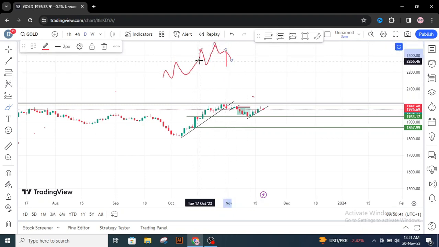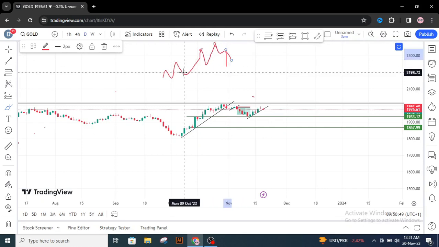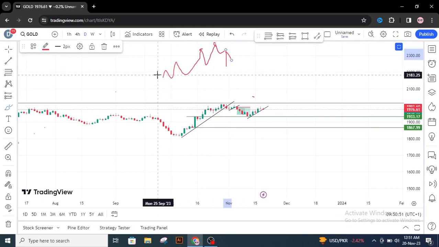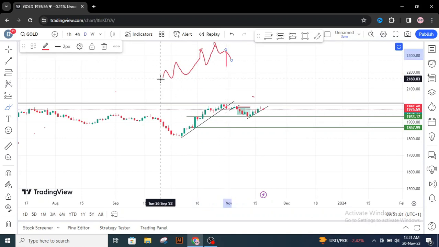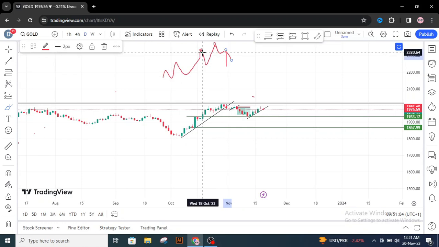Now if you see this kind of pattern, it shows that the buyers are becoming weak and the sellers are coming into the market. So as a price action analyst, as soon as you realize that the market failed to make another higher high, this is a sign that the sellers are coming into the market and they are taking the buyers out.